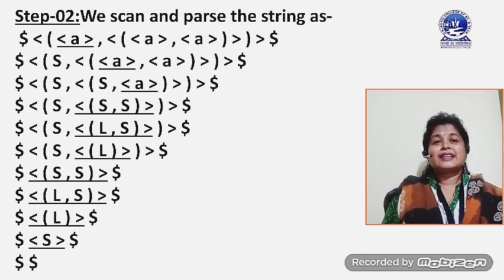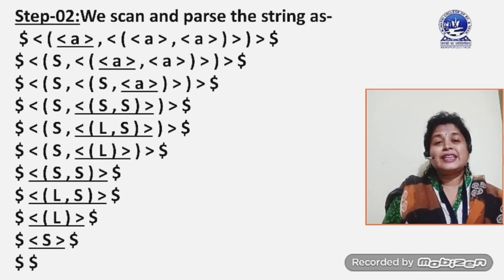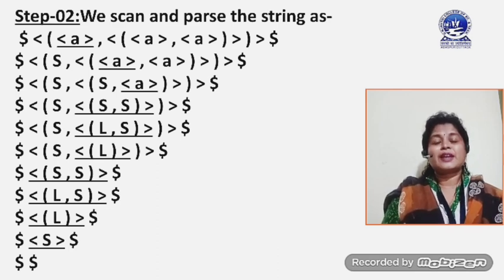Then at the next step we replace the next A with S, and then again the next A with S. In this way, we replace each handle at each step and finally we reach S.